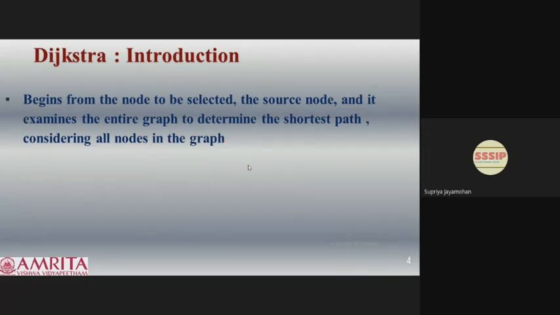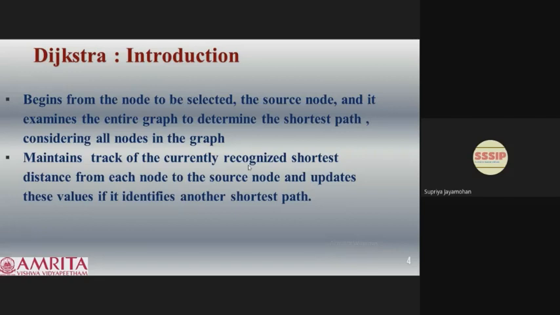So here, it is almost the same as A star, but there is no heuristic function. Another difference is that the shortest path is considered, as you can see in the slide. Based on the shortest path, we will be moving on to each location or each destination, and sometimes it ends up in a solution which may not be too optimal. This is one of the drawbacks that we have seen in Dijkstra.